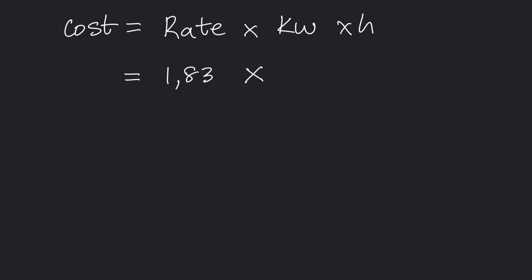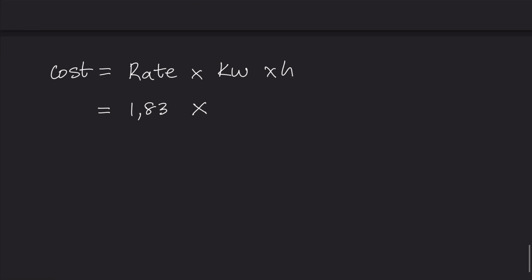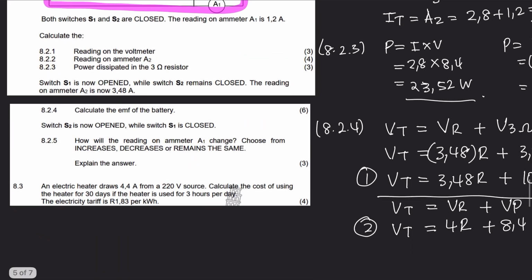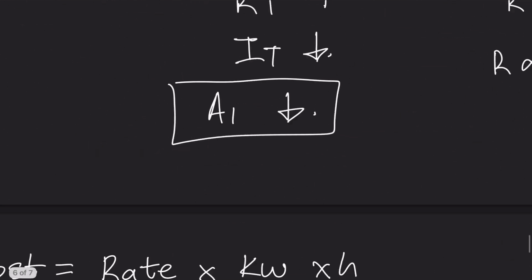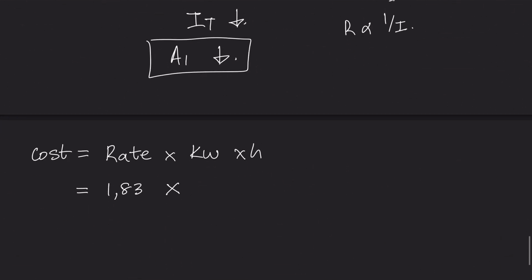The kilowatts, so we don't know the power, but we can work out the power. If you look at the information they've given us, they told us 4.4 amps and 220 volts. Power is equal to V times I. If I multiply those two, I'll get the power. Okay, so let's do that. So power is equal to V times I.